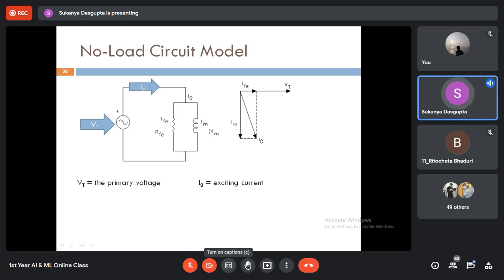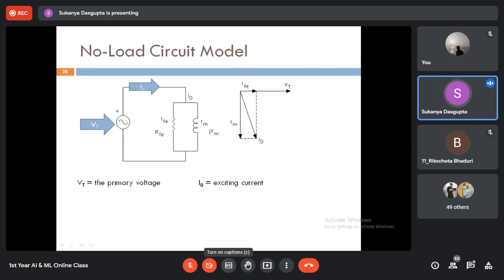And this component, IFE, is flowing through the resistance. What is this resistance? This resistance represents the impurity, the resistance present in the winding, the primary winding. Okay, so not in the primary winding exactly, it is present in this coil.